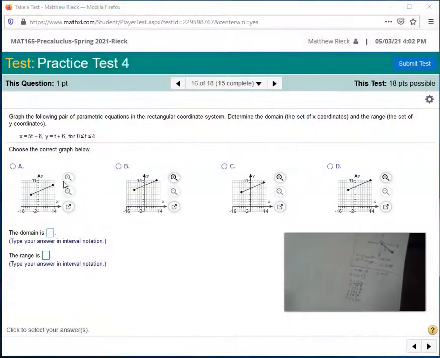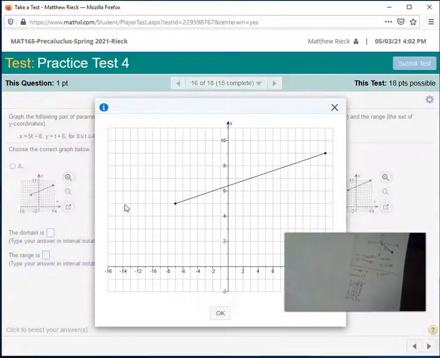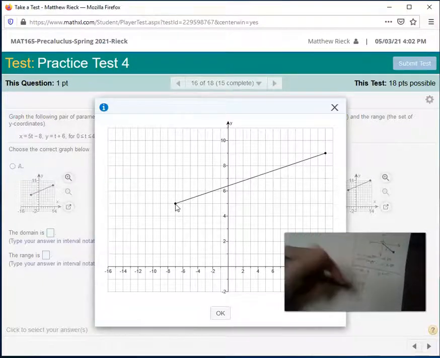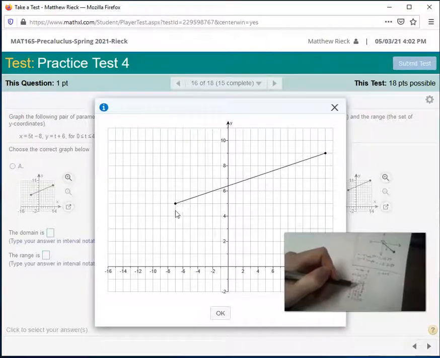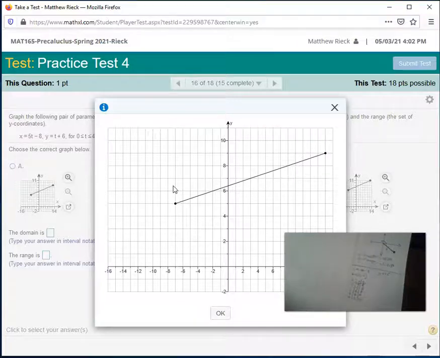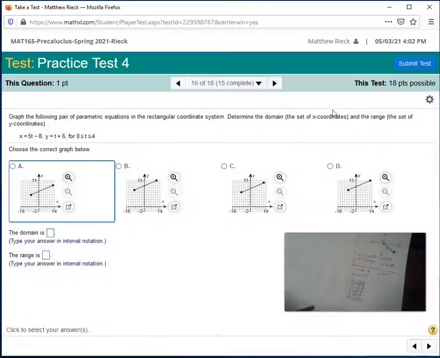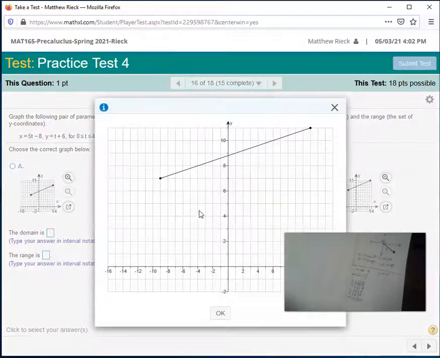All right. So looking at our 3 lines here for our possible options. Our x starts with -8 actually. So it looks like this one starts with -7, so that one's out. This one looks like it starts with -9, so that one's out.